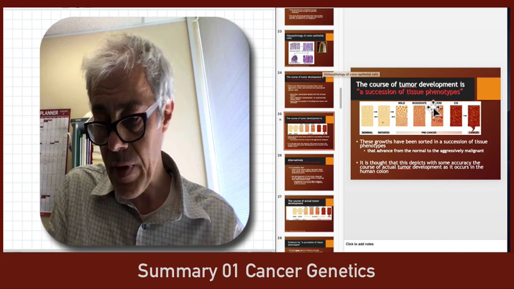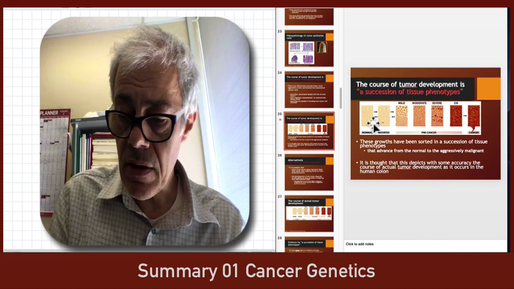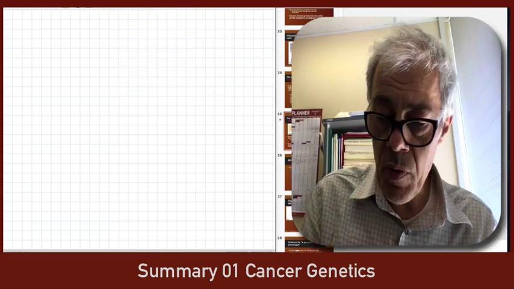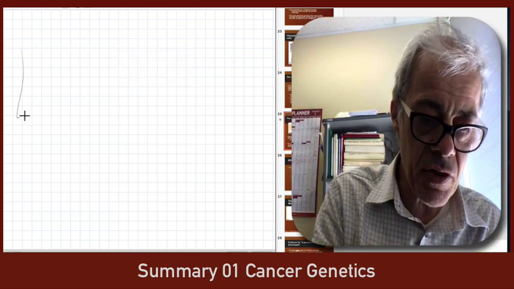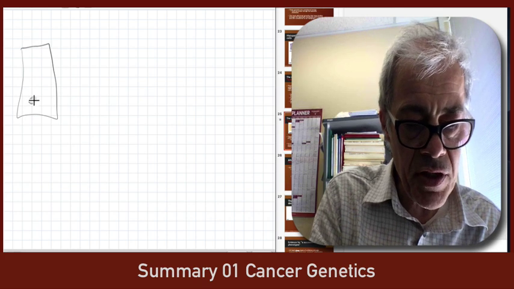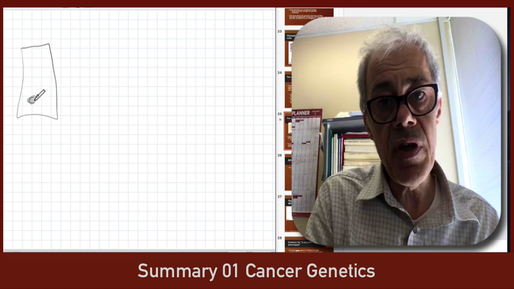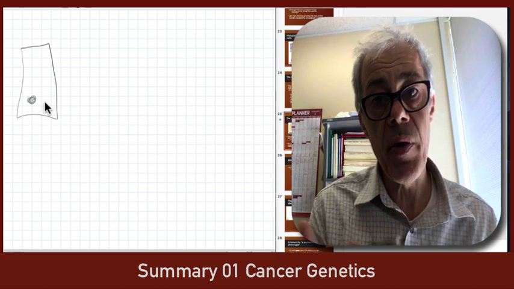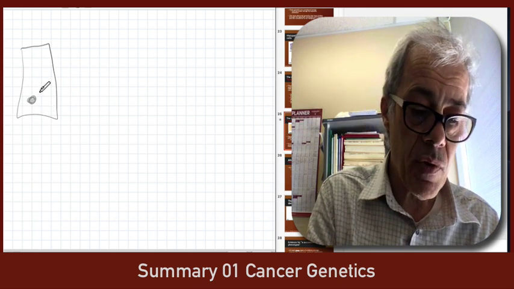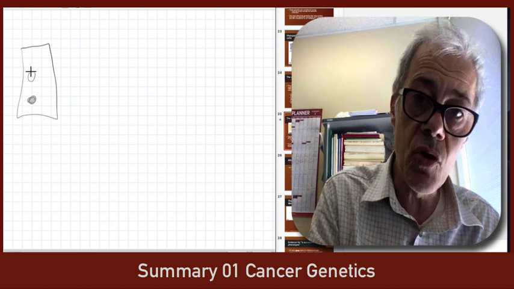Okay, and they started to formulate this idea of a succession of phenotypes, thinking that over a period of time we have this situation here where we have a tissue that's picked up a cell that's picked up a mutation, and because these are rapidly growing cells, this cell is growing at a faster rate than the normal cells.